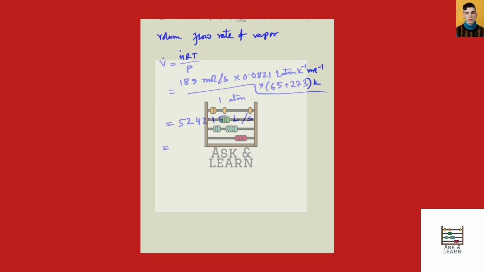Let's convert liter to feet cube. Therefore, the volumetric flow rate of vapor is 185 feet cube per second.